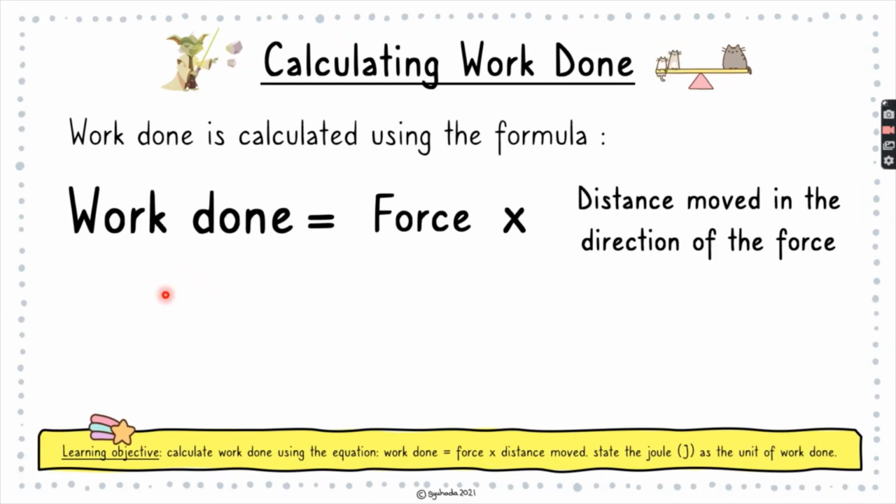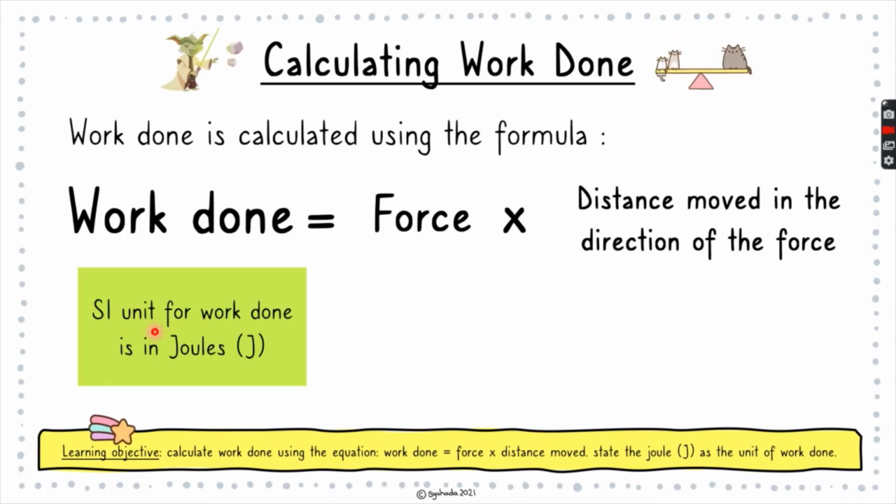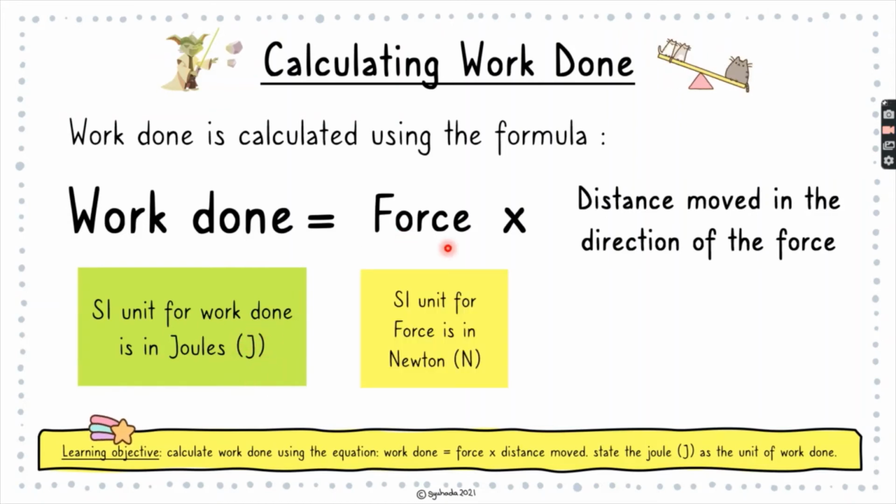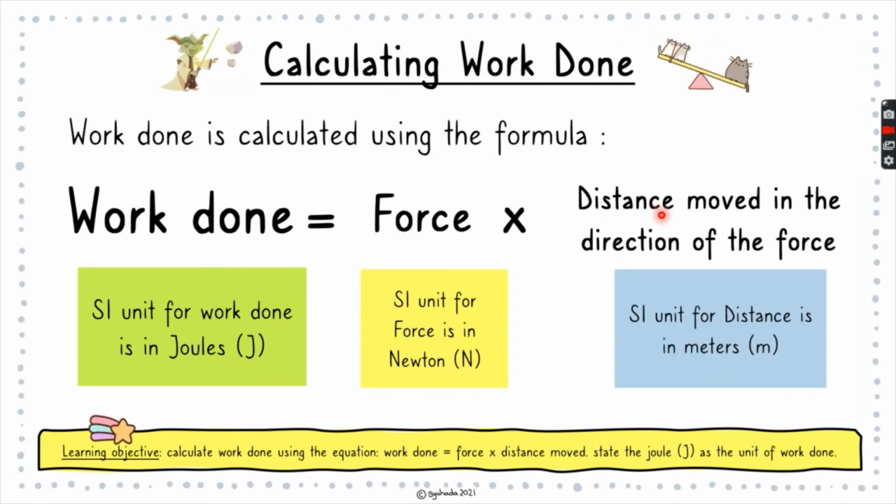Okay, so for work done, force and distance moved, we also need to have the proper units for it. The SI unit for work done is joules, which is a capital J. Force, remember, is in Newton with a capital N, and distance moved has to be in meter, so that's a small letter m.